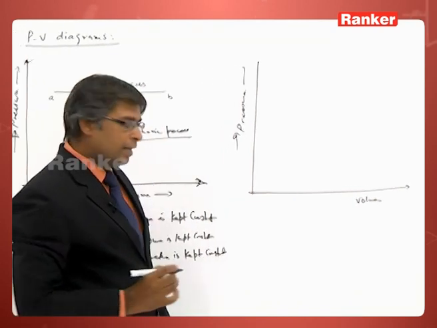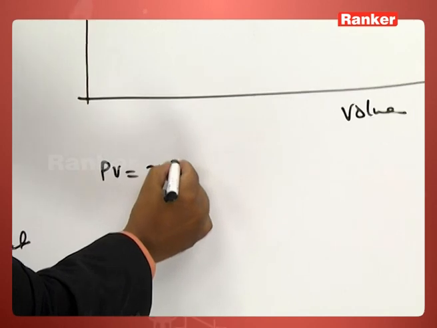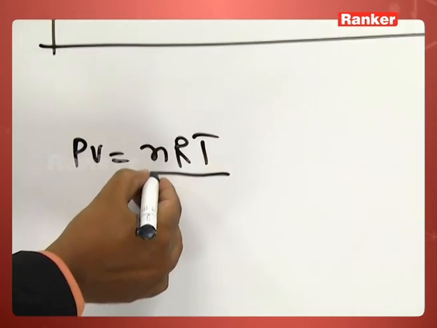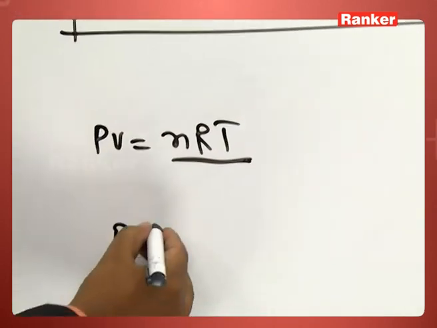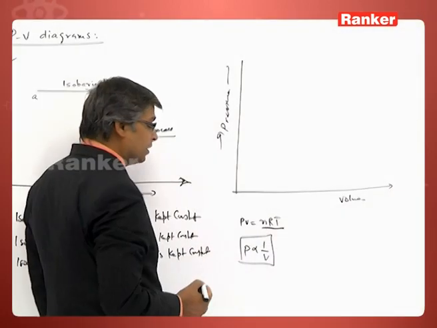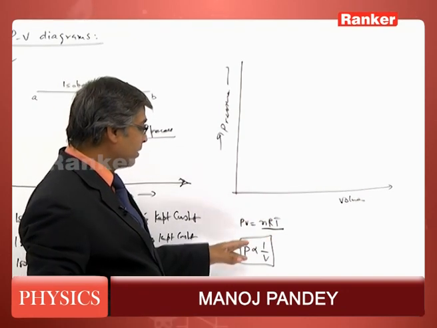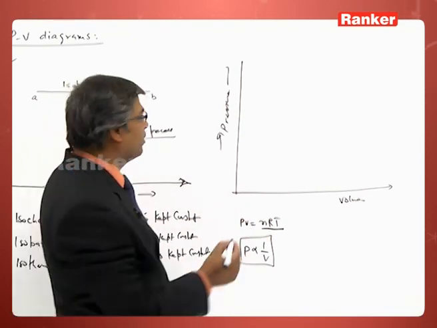Let us write the equation. PV is equal to nRT, where n is the number of moles. If this is constant, we get P is proportional to 1 by V, which is our Boyle's law. So, at constant temperature, pressure is proportional to 1 by V.